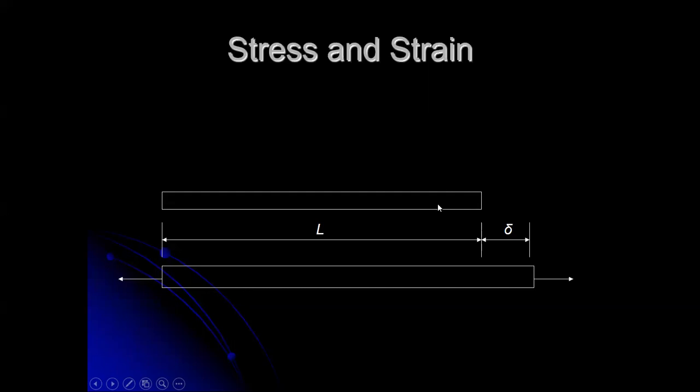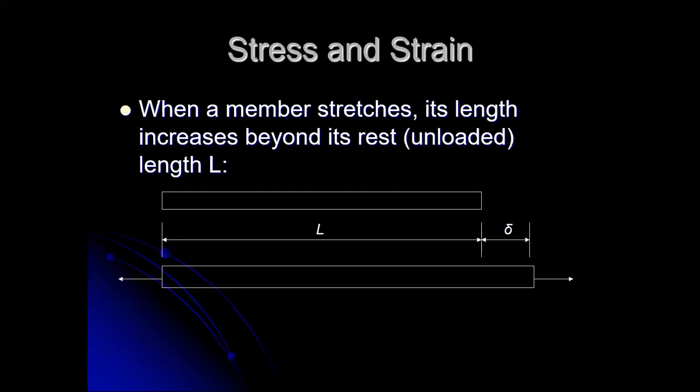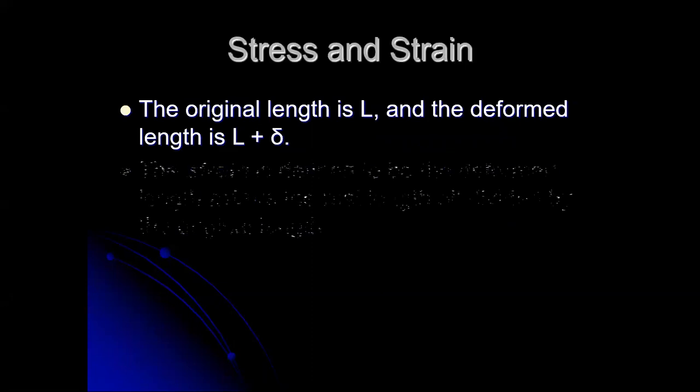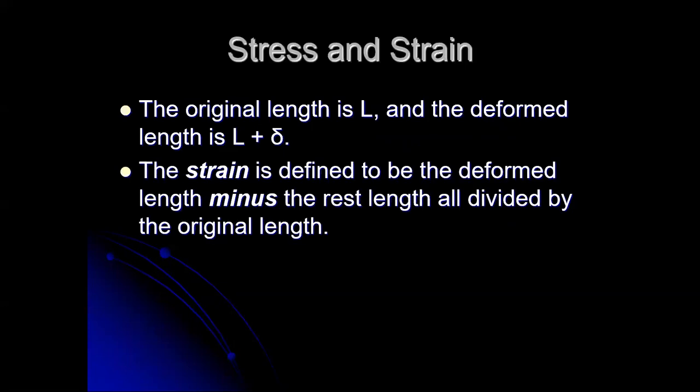If each inch grows by 2 thousandths of an inch, then if we've got 100 inches, we'll have 2/10ths of an inch of elongation. So the amount of elongation spread out over the length gives us a material measurement of deformation, and that's what we call strain. Strain is what we get when we spread out the elongation over the length of the beam.